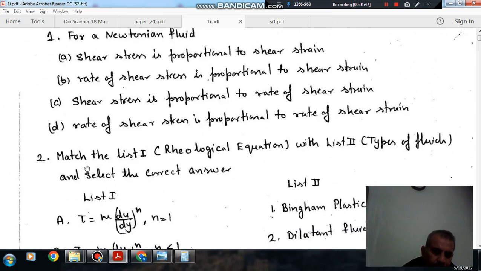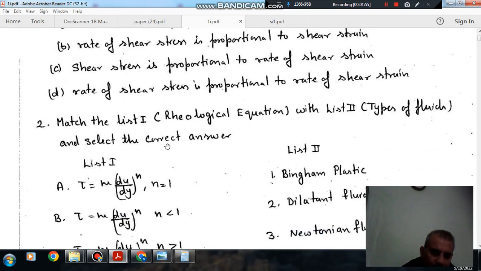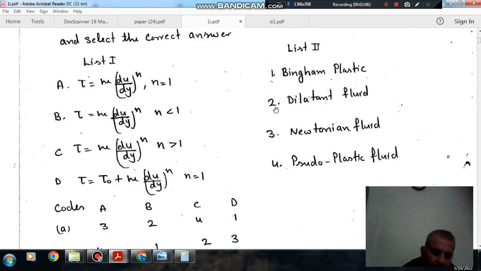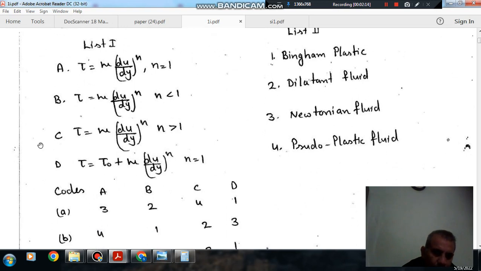Next, match List 1, rheological equation, with List 2, type of fluids, and select the correct answer. List 1: Option A, tau is equal to mu du by dy raised to power n, n is equal to 1. List 2: 1, Bingham plastic. Option B, tau is equal to mu du by dy raised to power n, n is less than 1. 2, Dilatant fluid.